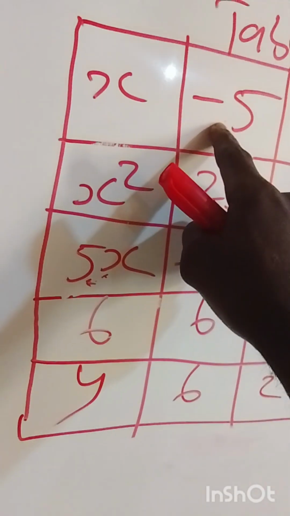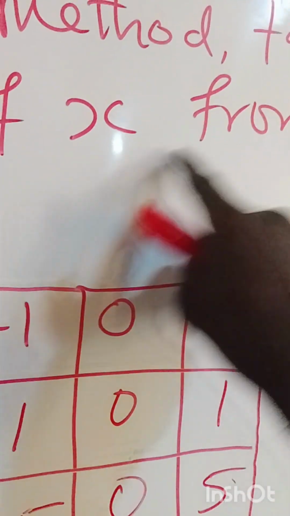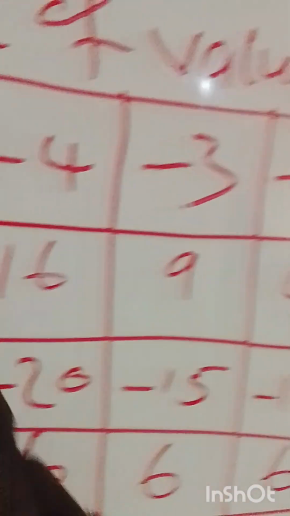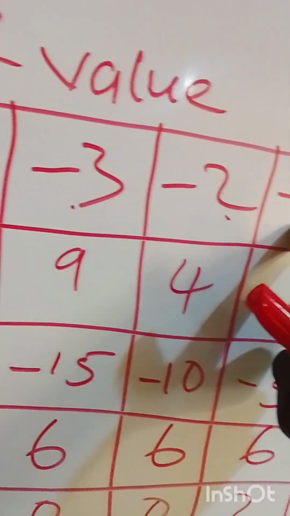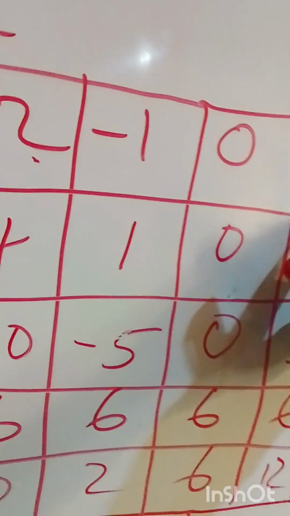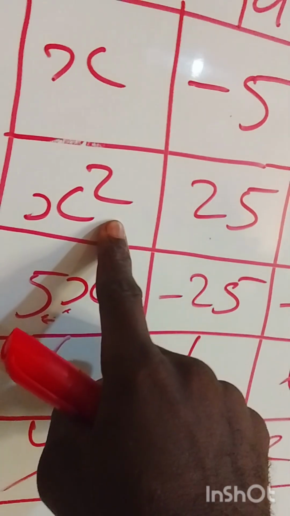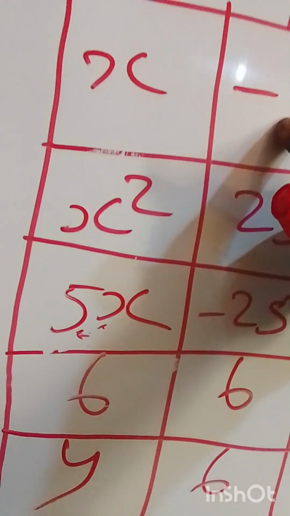The x column we got from the given question, that our x is taken from minus 5 to plus 1. So you see minus 5, minus 4, minus 3, minus 2, minus 1, 0, and plus 1. Then our x squared, we got it through squaring of the numbers in x.